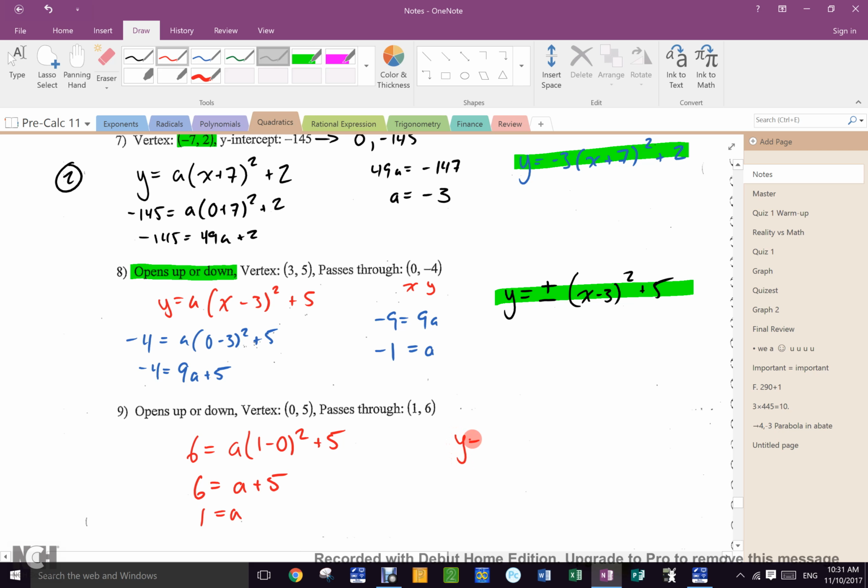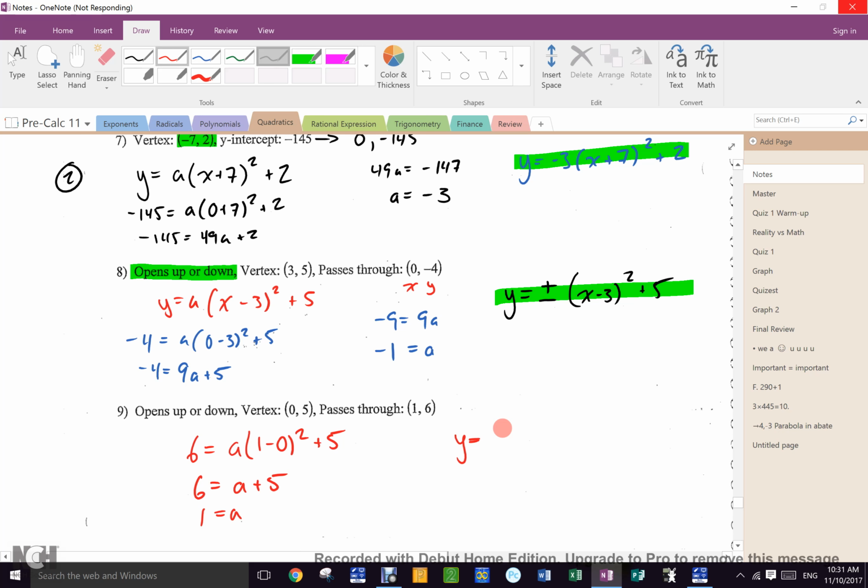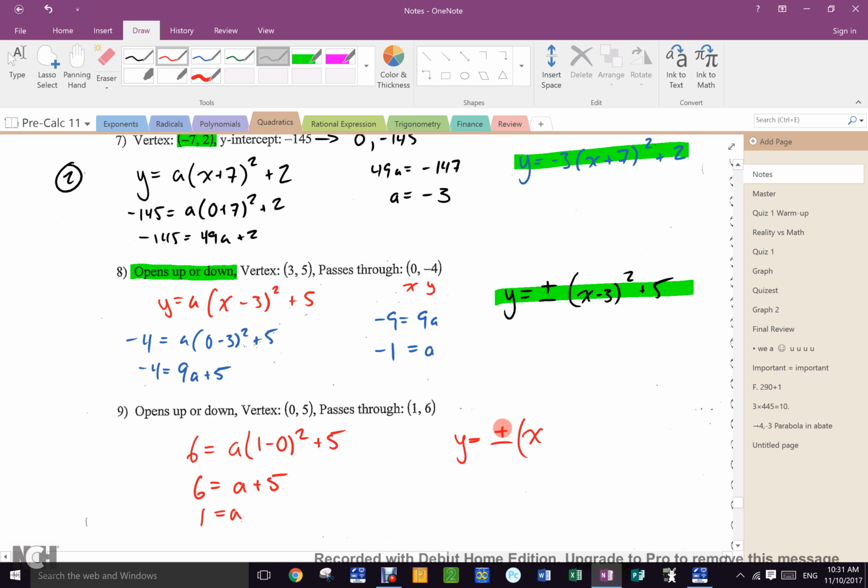So it was y equals plus or minus (x plus 0), so just x, so I don't even need the bracket, squared plus 5. All those are worth 2 apiece.